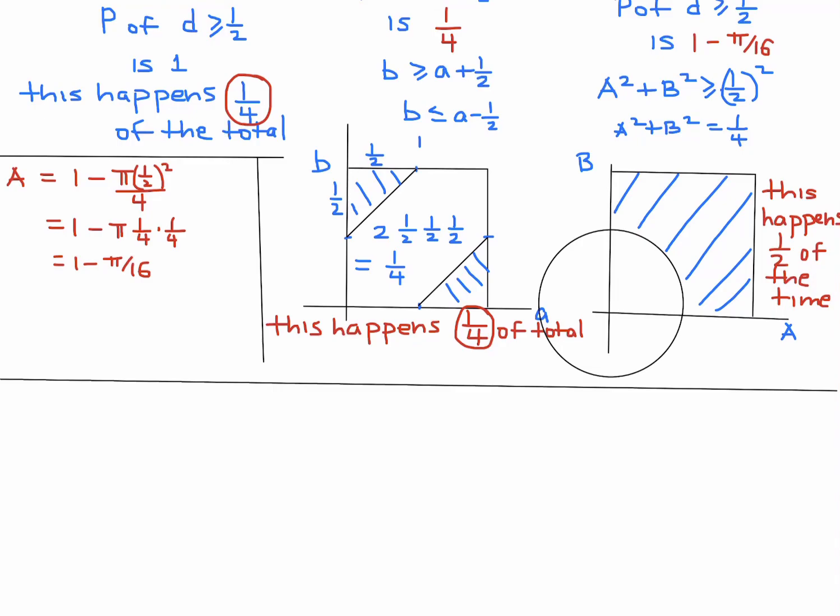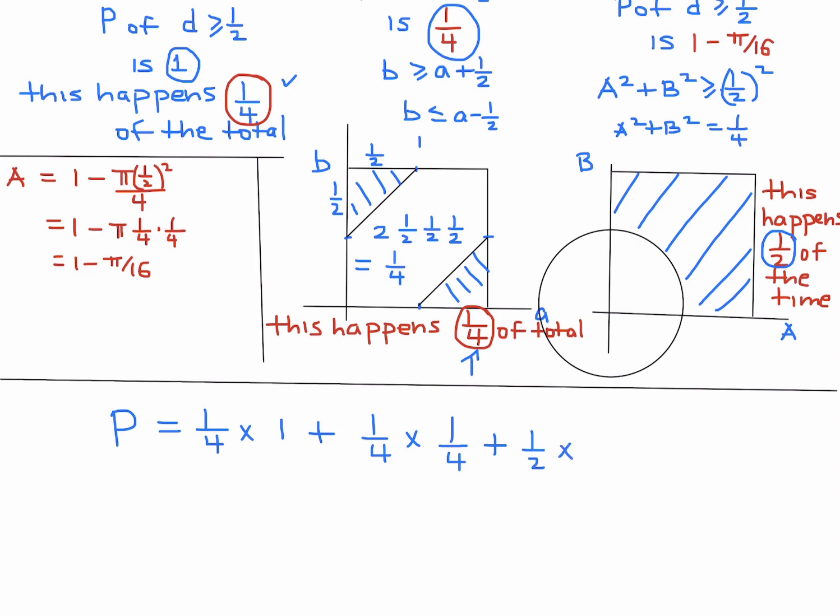So now we have to combine our findings. Our probability will be this 1/4 times this 1 plus this 1/4 times this 1/4 plus this half times this 1 minus pi over 16.